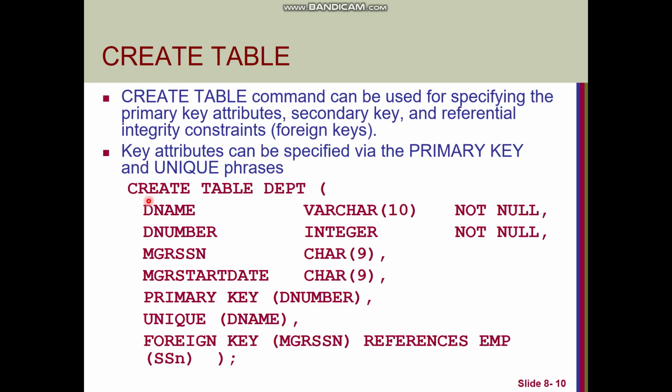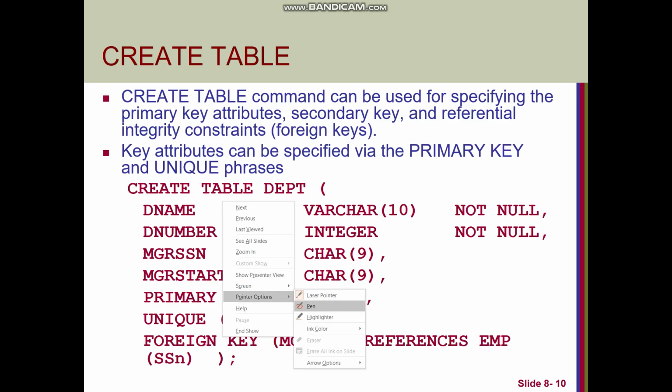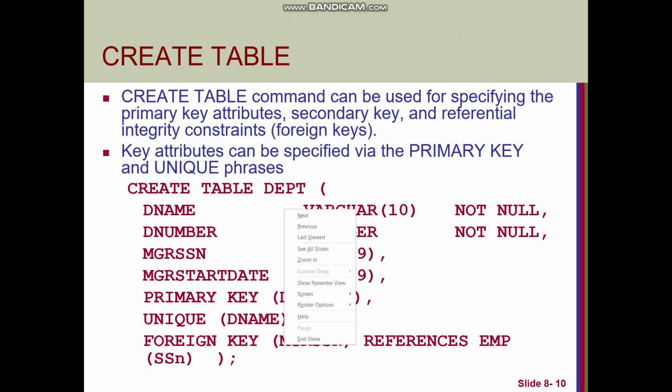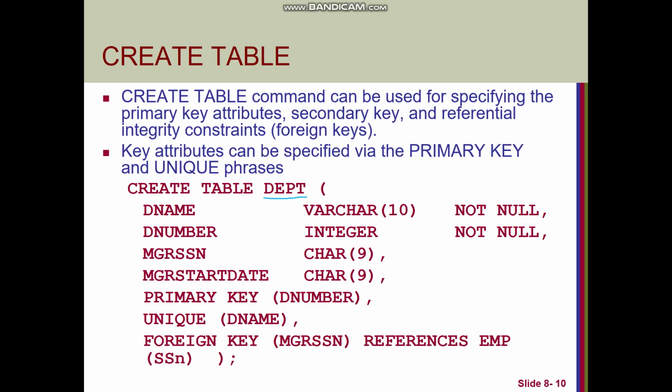You have to include create keyword, then the table keyword, then you have to mention the name of the table. So this is the name of table. Then the fields of the table are threefold. Like you can mention three things here. First is the name of the field, the second is the data type of the field, and the third thing is properties. So like property or constraint, you can call it as constraint as well.